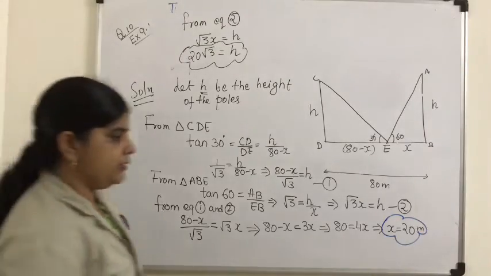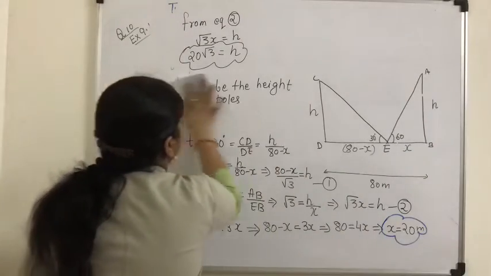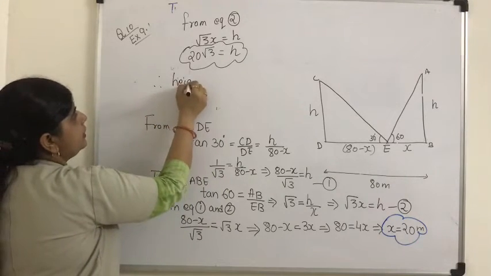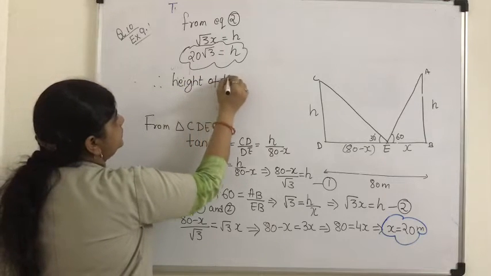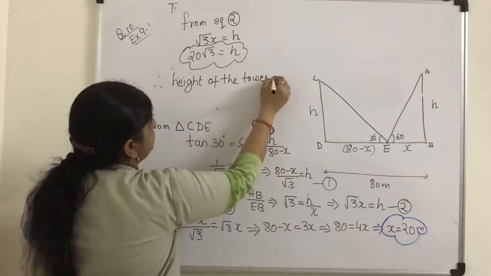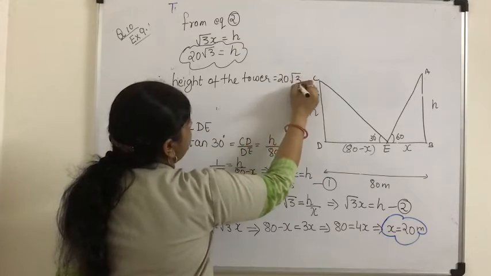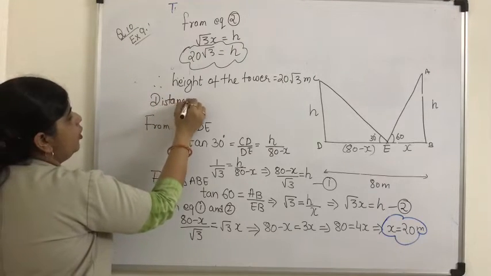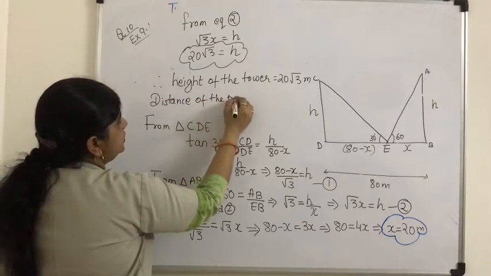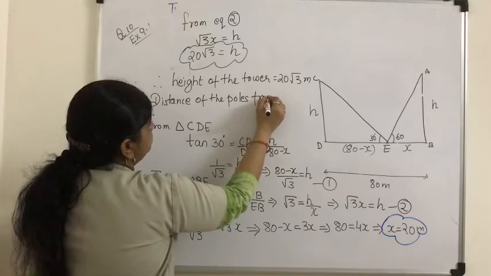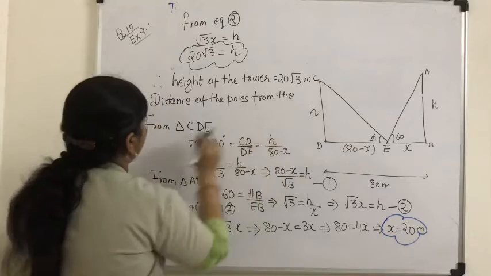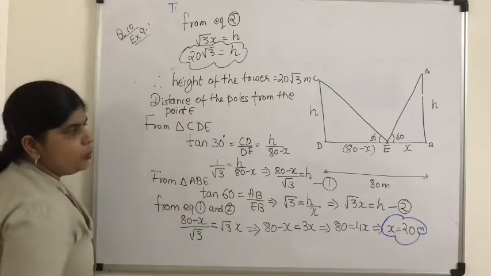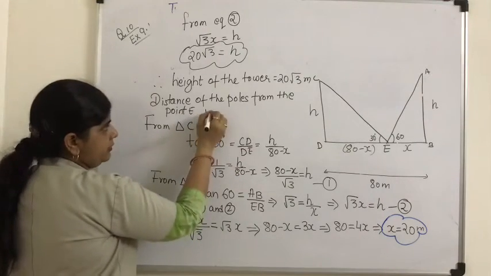Therefore, the height of the tower is 20 root 3 meter, and the distances of the poles from the point E, which is there in the figure: point E will be x.